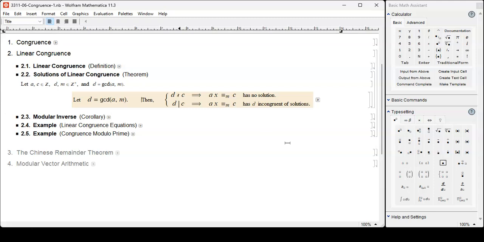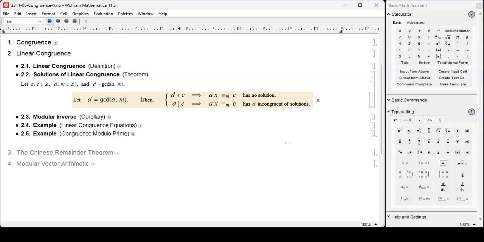The linear congruence equation, AX is congruent to C modulo M, has no solution if the GCD does not divide the constant term C. If D divides C, then the equation has D incongruent solutions.